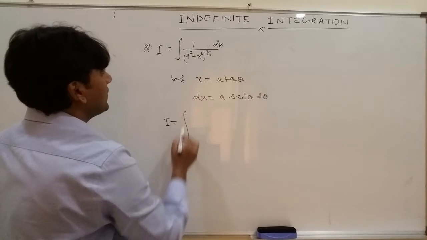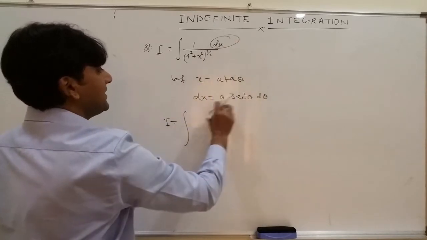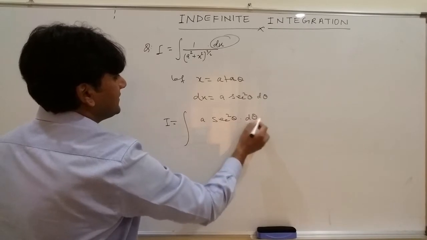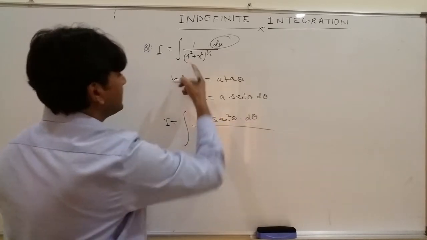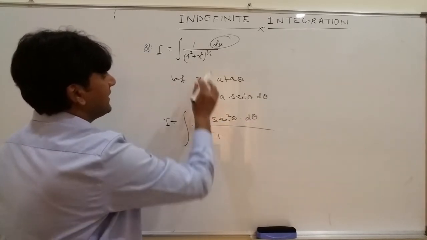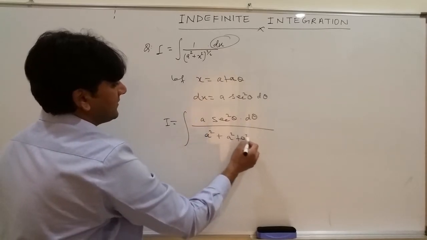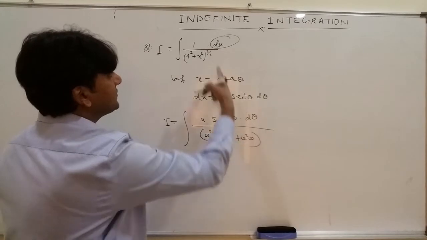Then I equals, this dx will be replaced by a sec square theta d theta over a square plus x square, which means a square tan square theta, raised to 3 over 2.